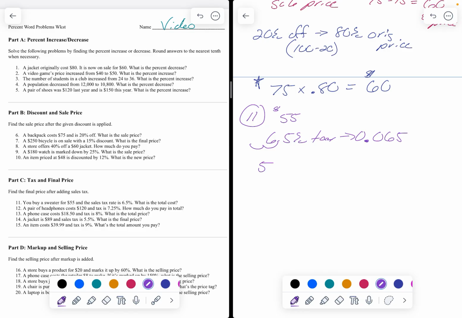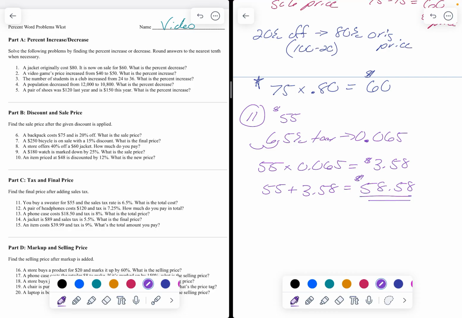So we could do $55 times 0.065 equals, and we're going to round that to $3.58, just two decimal places. So that means it's going to cost $55 plus $3.58 or $58.58. Oh, that's kind of cool. That will be the total price.